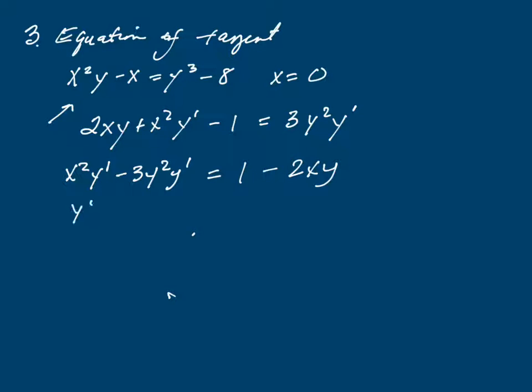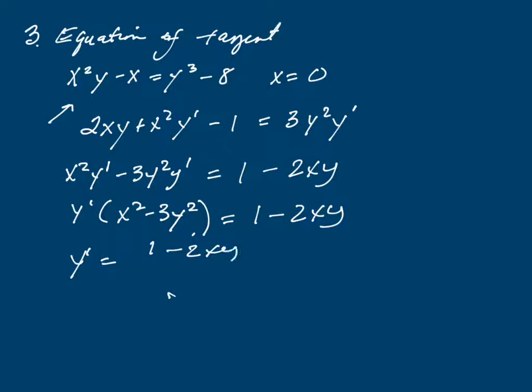So y prime, factor out y prime, and I get x squared minus 3y squared is equal to 1 minus 2xy. So y prime equals 1 minus 2xy over x squared minus 3y squared.